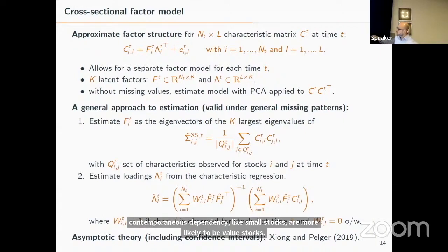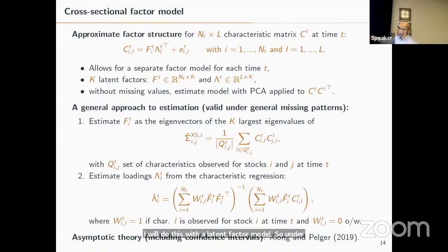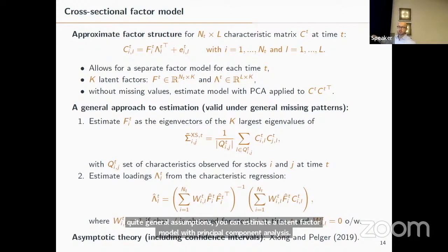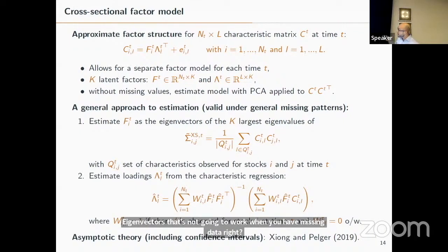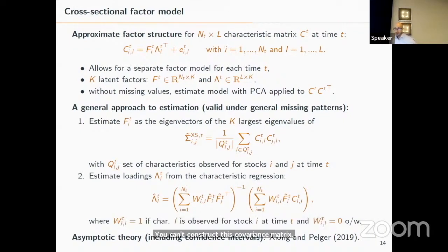So under quite general assumptions, you can estimate a latent factor model with principal component analysis. The way you do it is you construct what I will call a characteristics covariance matrix, and then you look at the largest eigenvalues and eigenvectors. That's not going to work when you have missing data, right? You can't construct this covariance matrix. So what we employ here is a method of the GA papers that I have with Rushan.